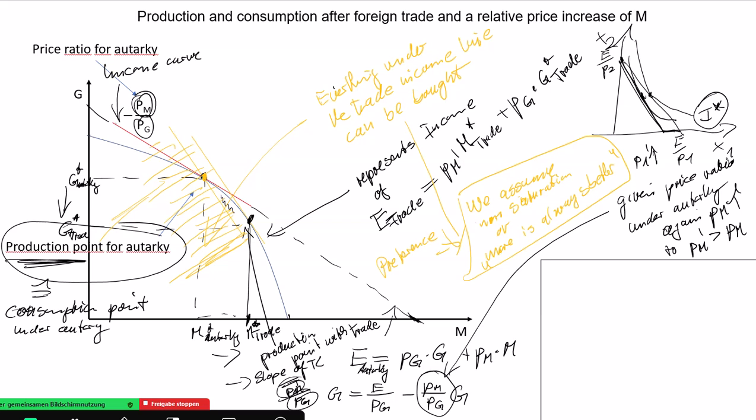But what we also can say, consuming the same amount of machines, buying the same amount of Ferraris, we can now increase from here to here the amount of wheat. Or the other situation, given the same amount of wheat, we can now buy more Ferraris.